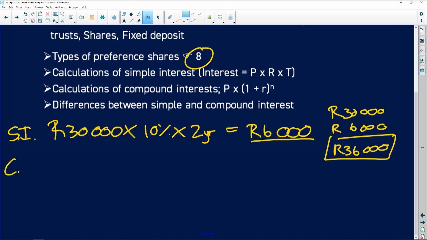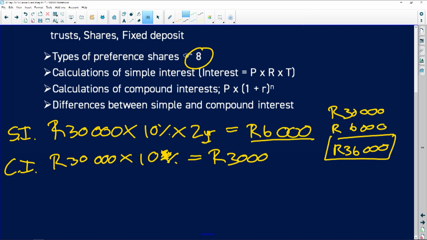Now with compound interest, in essence it works the same for the first bit, but I cannot use the year element. So you just say 30,000 times 10% gives me 3,000 for the first year, for year 1.